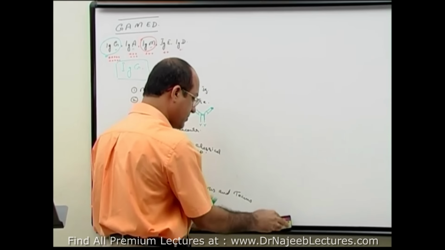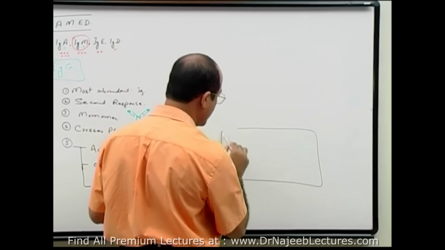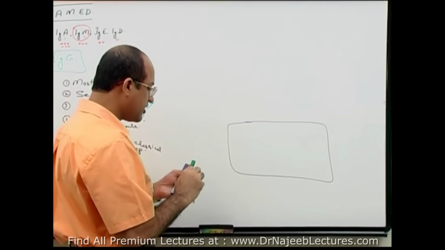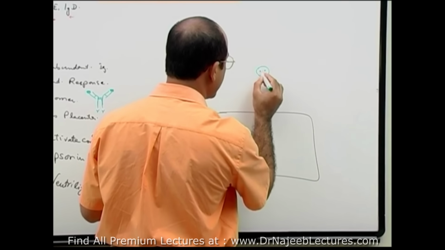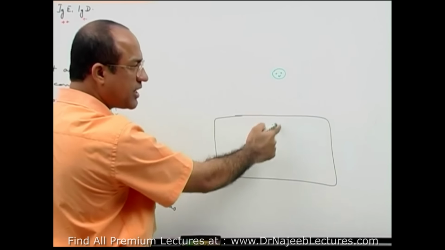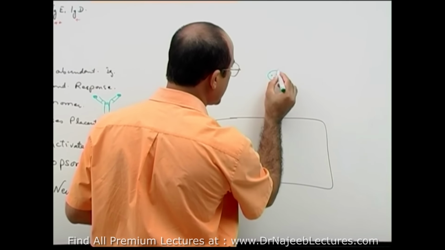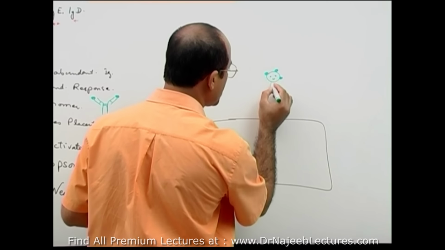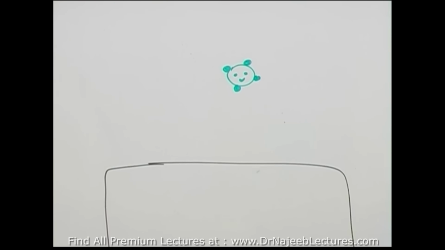Okay, let me explain. Let's suppose this is the target cell, right? And this is a specific virus, which is going to attach to this cell and push its genetic material in. Actually, on the surface of the virus there is a special type of protein, and these proteins help the virus to bind with the target cell, right?